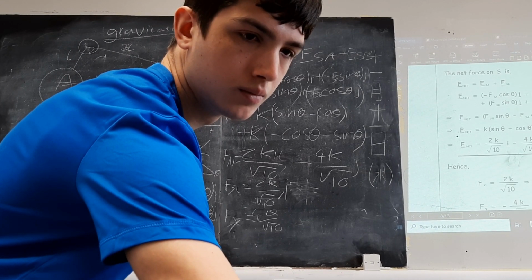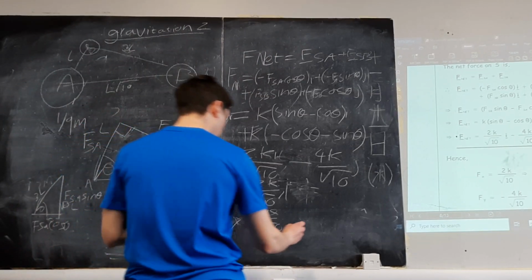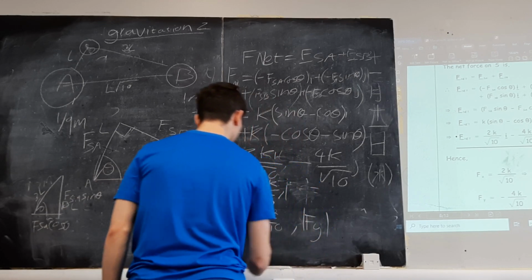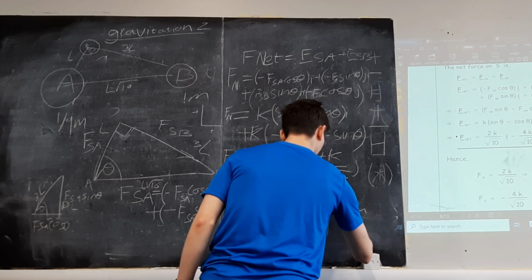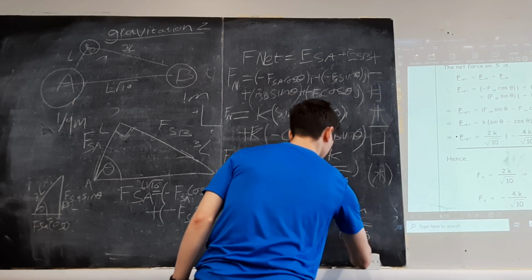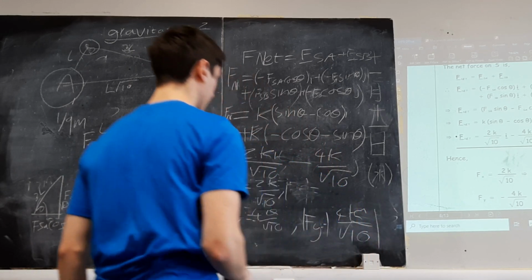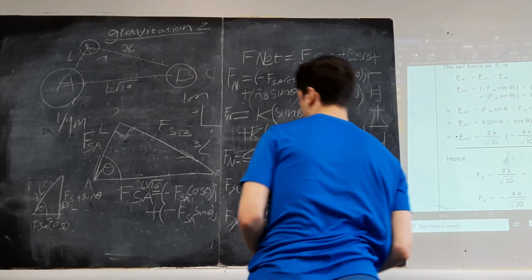Yeah, 4k over 10. So for y with magnitudes, that becomes positive 4k over root 10. Okay, yeah.